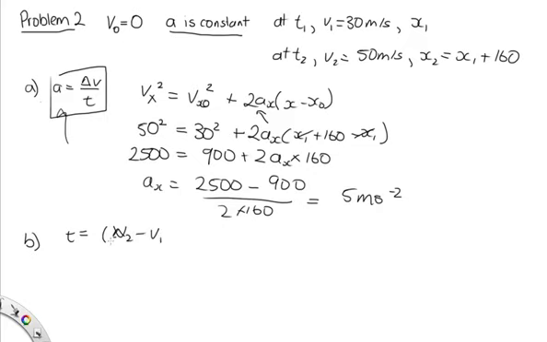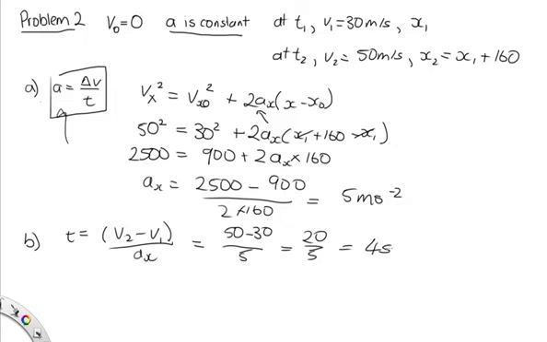We always do the final minus the initial when we have a change. So the final is v2, and the initial is v1 because that was the velocity at the beginning of this time period, and the acceleration is this ax, which we've got here. And so substituting in, we've got 50 minus 30 over 5, which is 20 over 5, which is equal to 4 seconds.